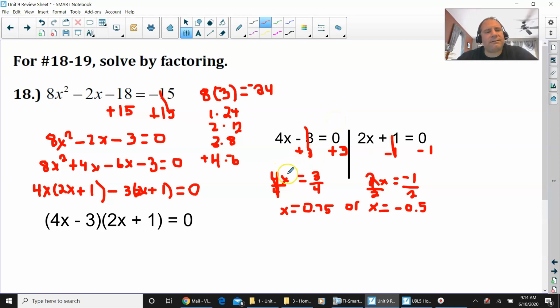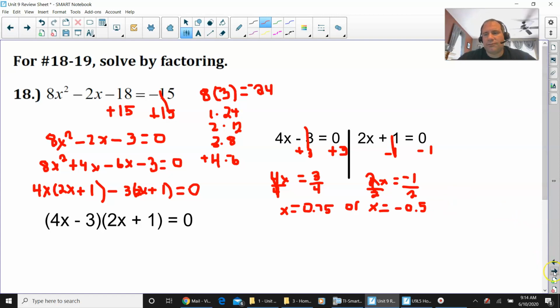You have 4x equals 3. And then you divide by 4 on both sides. You get x equals 0.75. And then on the right side, 2x plus 1 equals 0. You subtract 1 on both sides. You get 2x equals negative 1. And you divide by 2, you get negative 0.5. And those are the roots solved by factoring.